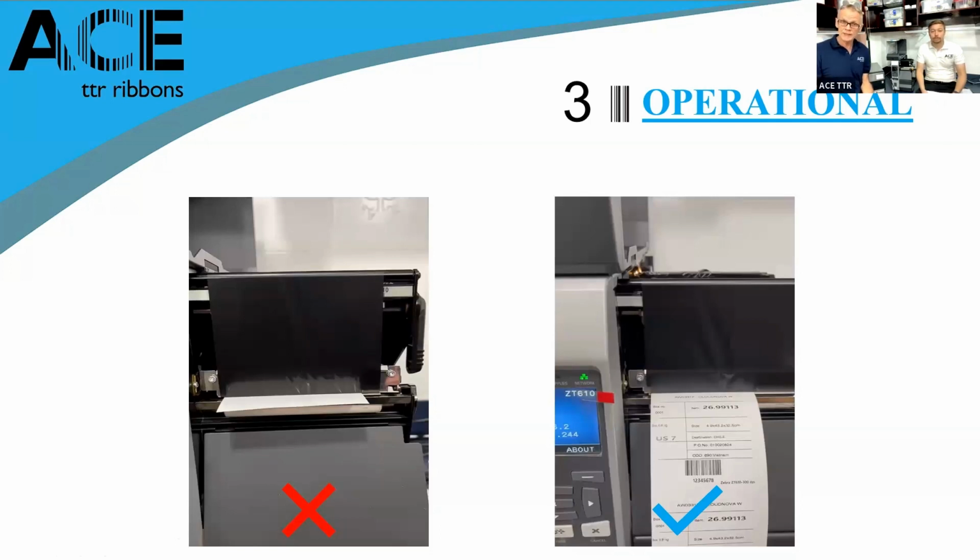From a new green point of view and from an energy consumption point of view, operators are trying to run at lower energy settings, but obviously sometimes when we're doing lower darkness, we're not getting the blackness that we would like on the print.